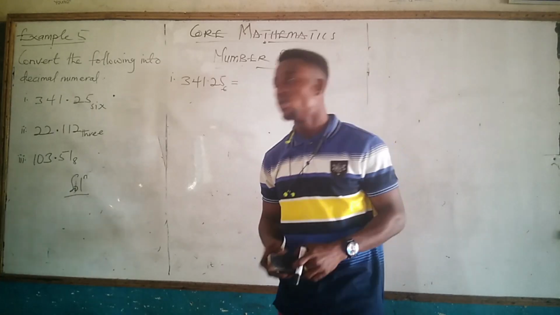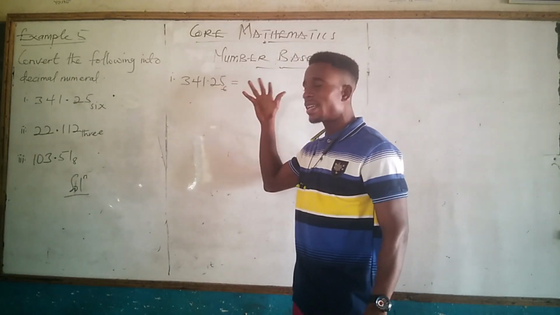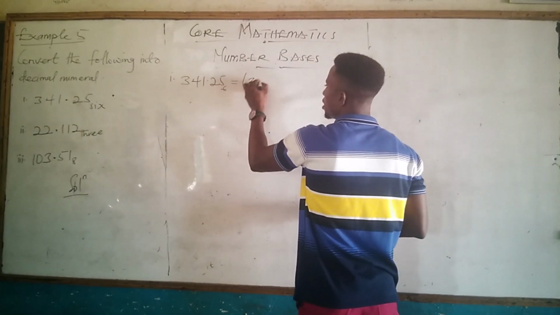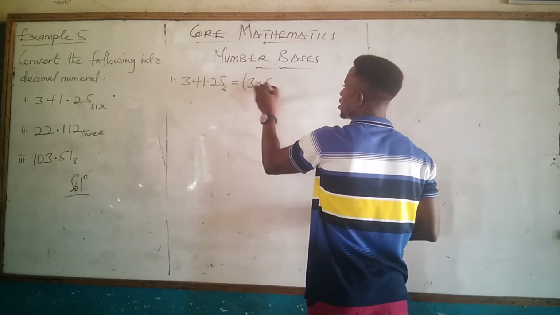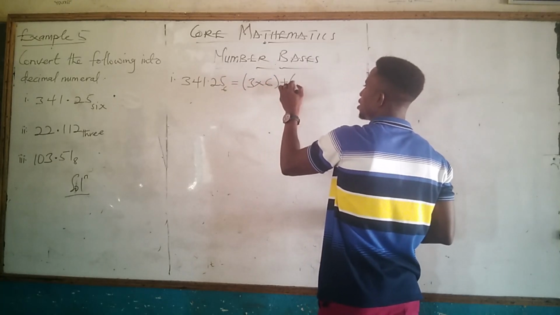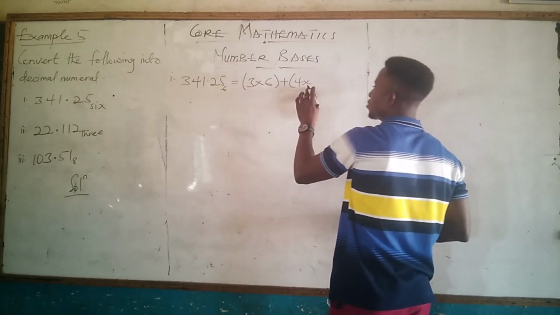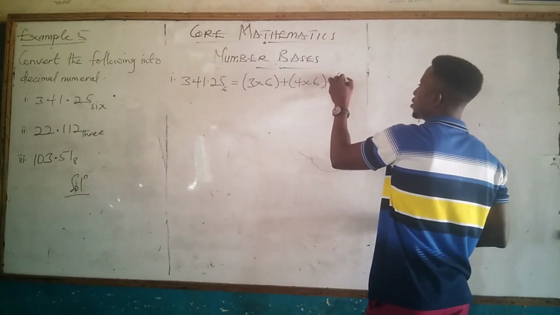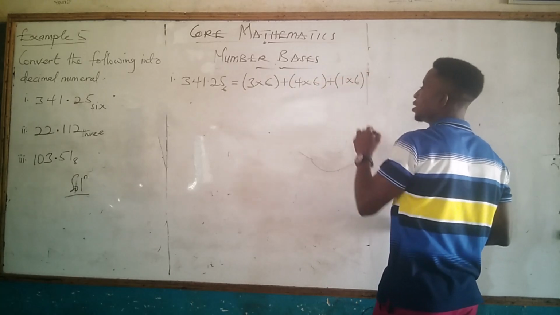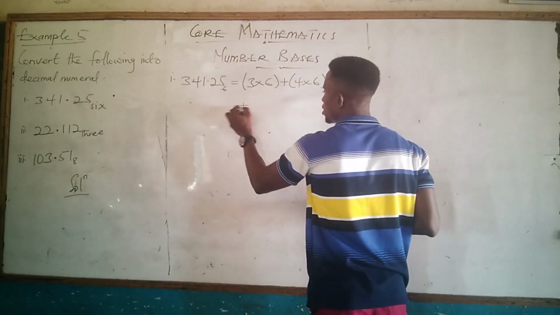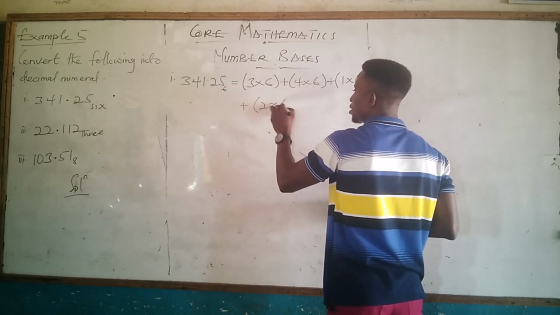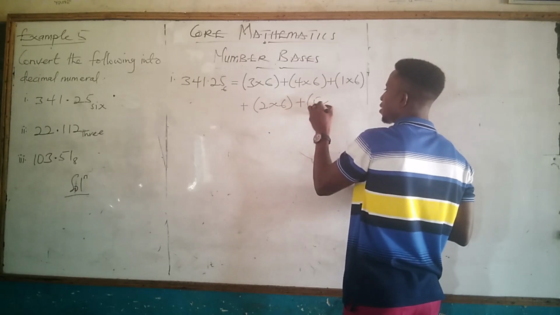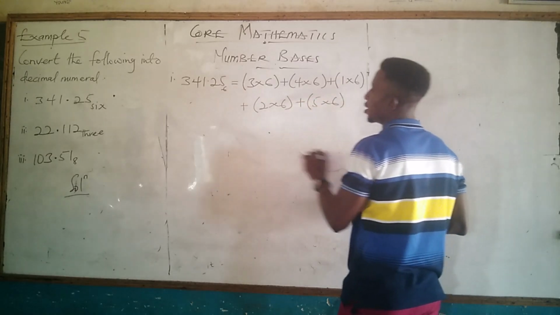We are going to write all the numbers taking out the decimal point. So this one will be 3 times 6 plus 4 times 6 plus 1 times 6, then plus 2 times 6 plus 5 times 6.